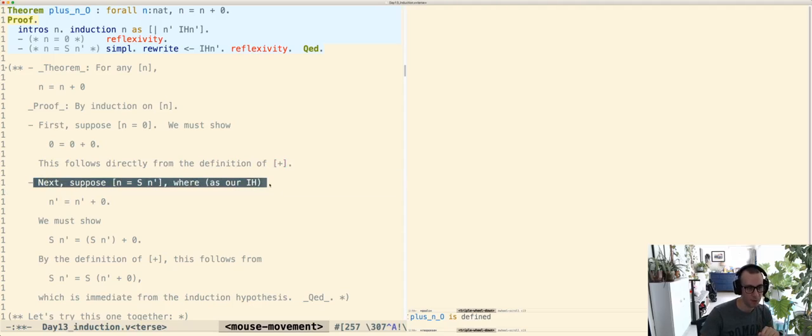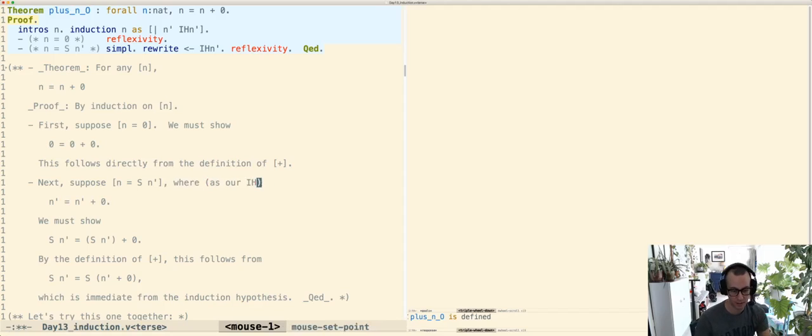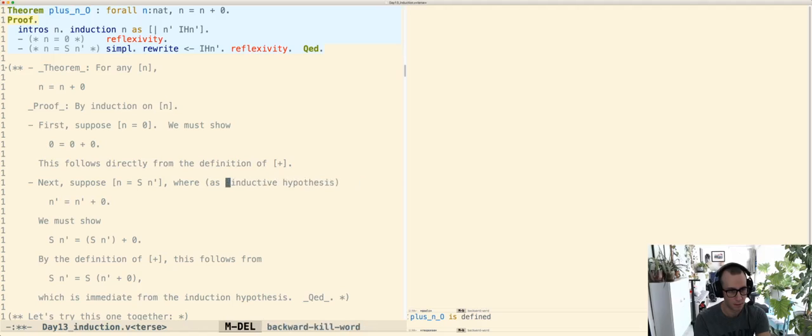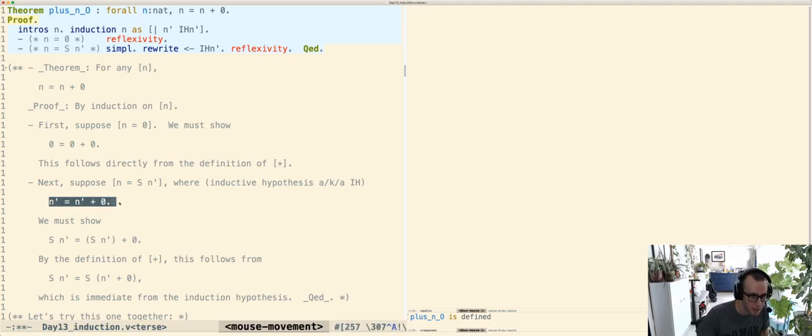Okay, next suppose that n equals s of n prime. All right, we're naming our cases. That's good, sort of standard practice for any case analysis, where as our IH, right, this stands for inductive hypothesis, our IH is n prime equals n prime plus 0.